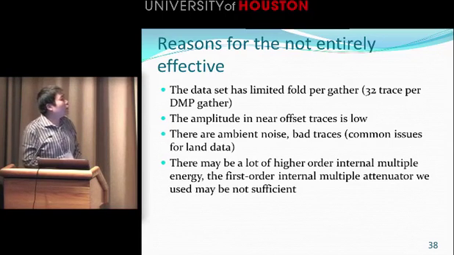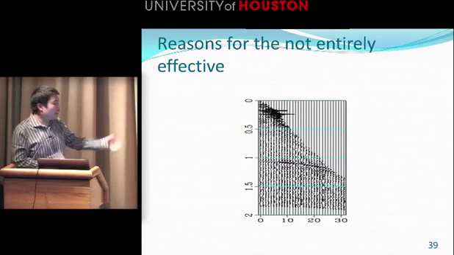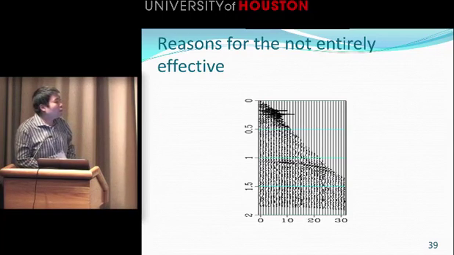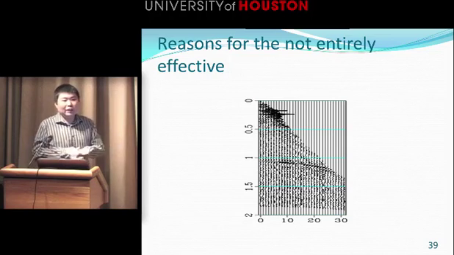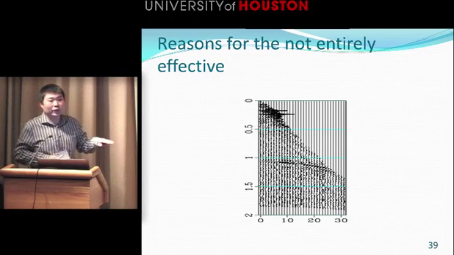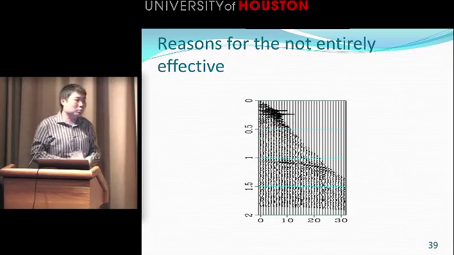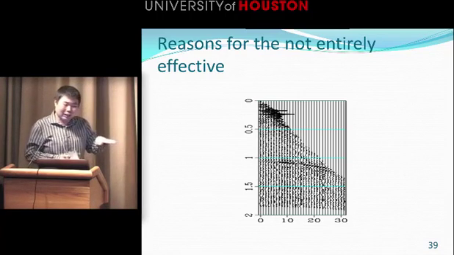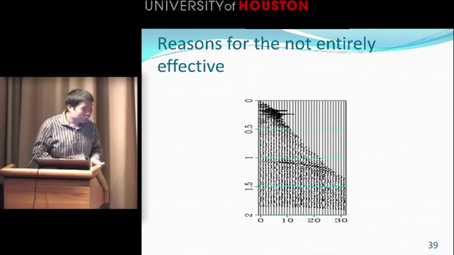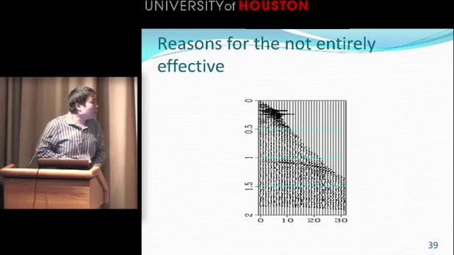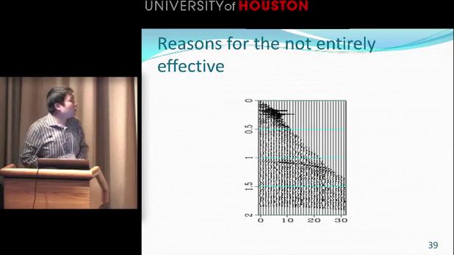This is a wiggle plot of one pre-stack CMP gather. We see that this is the major reflector. We have a low amplitude zone in the near offset here. If we have a flat reflector, near offset input is critical to predict near offset multiples. So we think that is part of the reason we did not get a perfect result.